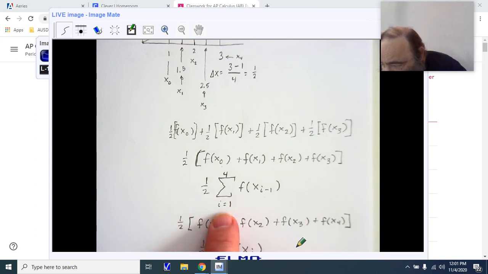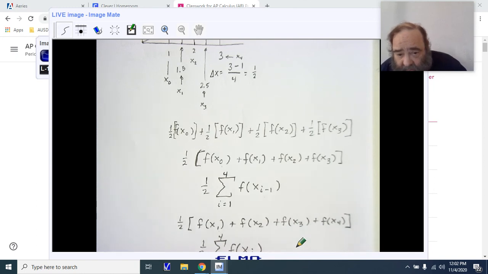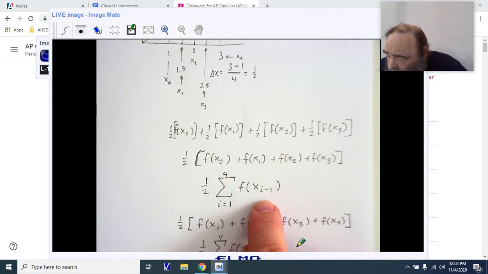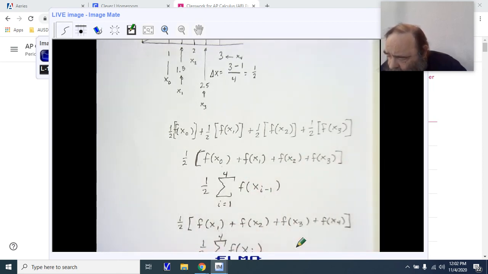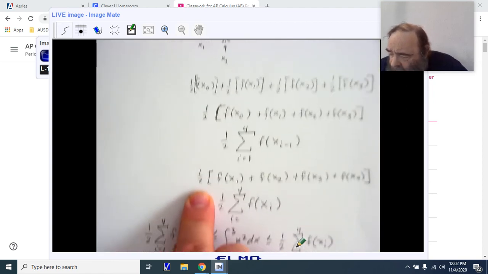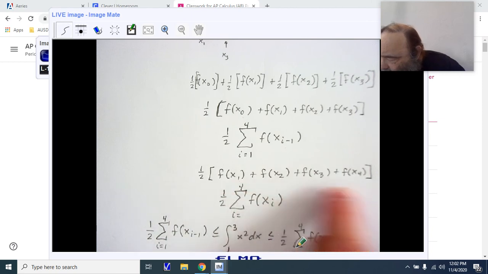Sigma notation starts at I equaling 1 and goes to however many intervals. We have 4, so 1 to 4, but I have to start at 0 and go to 3, and that makes I minus 1. The upper sum did the same thing, except it worked with 1, 2, 3, 4.